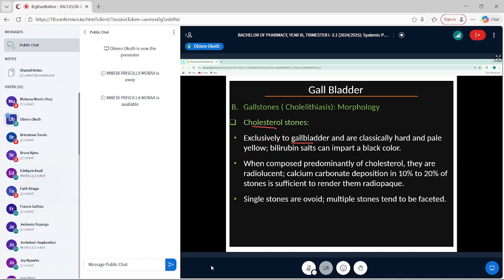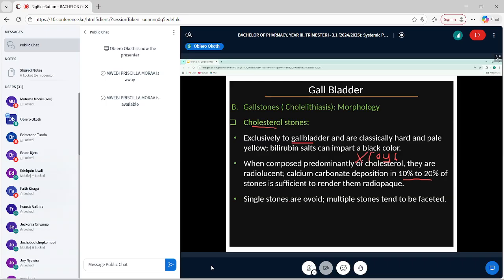Okay? And when they are predominantly composed of cholesterol, they are radiolucent, meaning they don't have enough calcium to be radiopaque. When you're talking about radiolucent here, we are referring to X-rays. Without calcium, something cannot be picked up with an X-ray. When they get significant calcium deposition, they can be radiopaque, meaning you can now see them with X-rays.